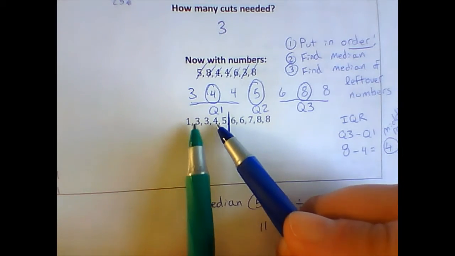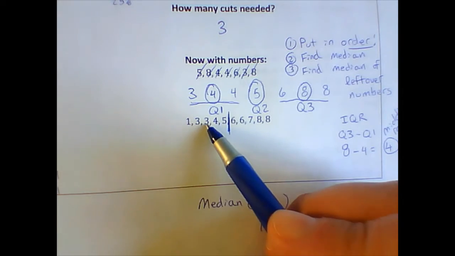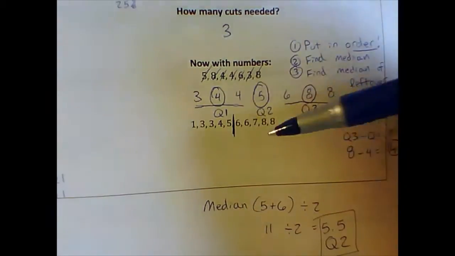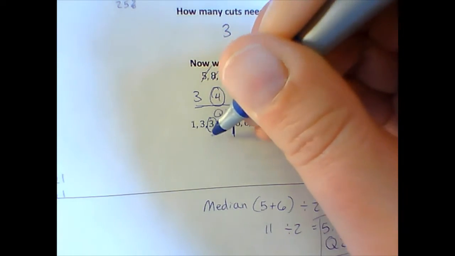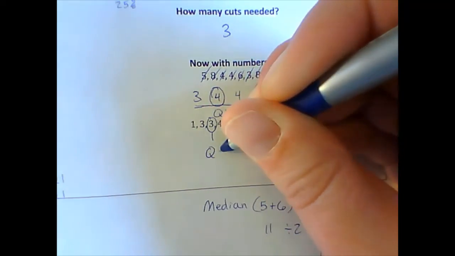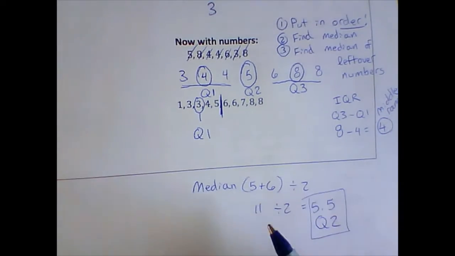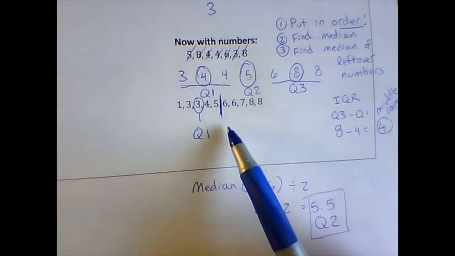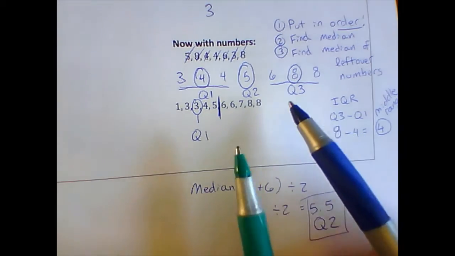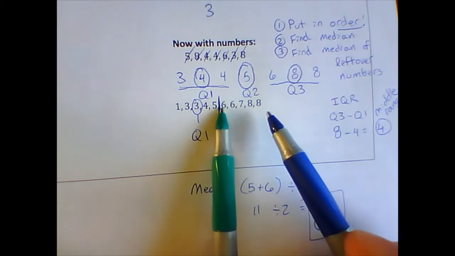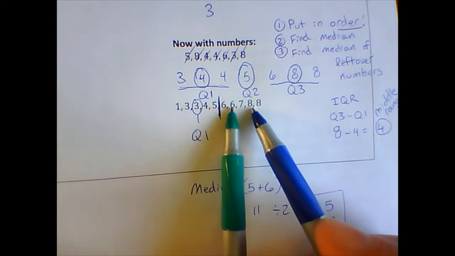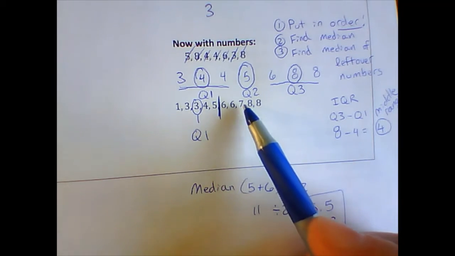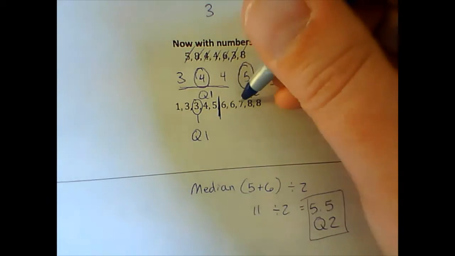So we're going to use that. And the 3 right there, that middle 3, that is the median of the lower group. That's Q1. So they go in order. Q1 is the lowest, and then Q3 is for the biggest group, and Q2 is right in the middle. So this biggest group has Q3, and again, we're going to use the 6 that's next to the median, because it isn't the median. So basically, you use all the numbers that aren't the median.